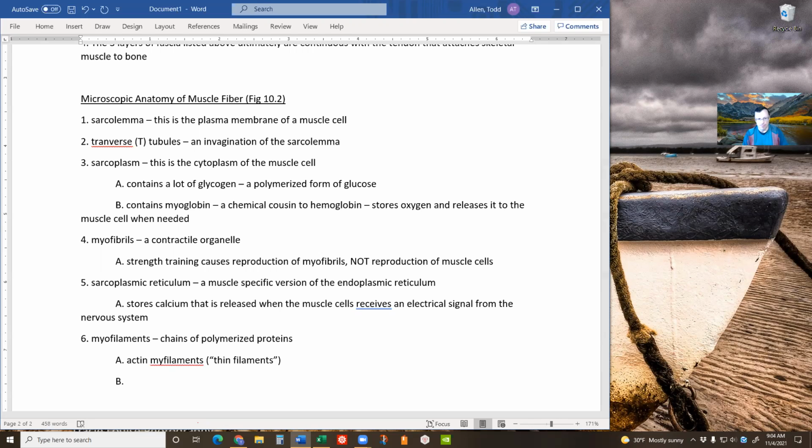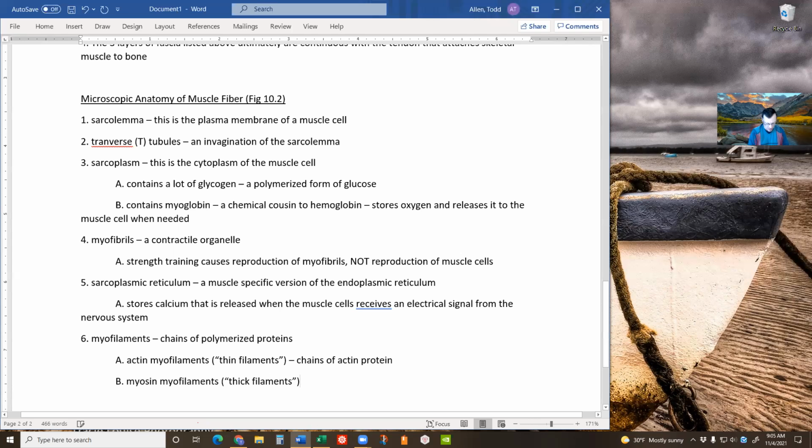And you have myosin myofilaments, which are quote unquote the thick filaments. Okay. Actin myofilaments are chains of actin protein, and myosin myofilaments are chains of myosin protein.